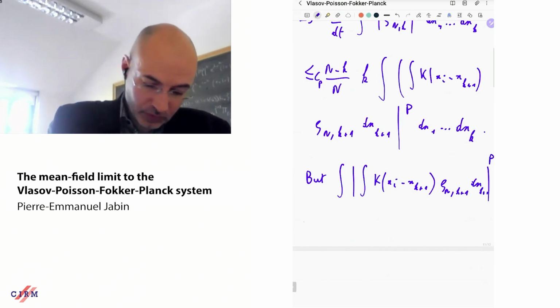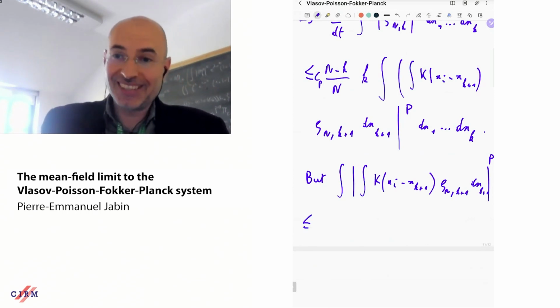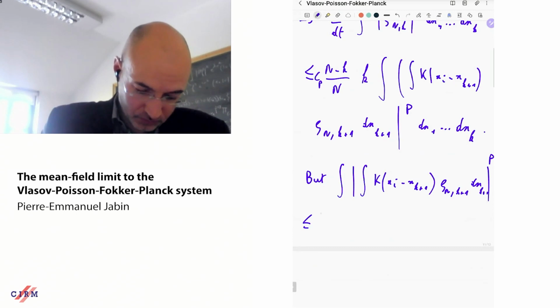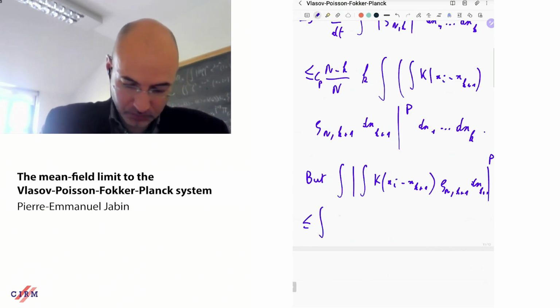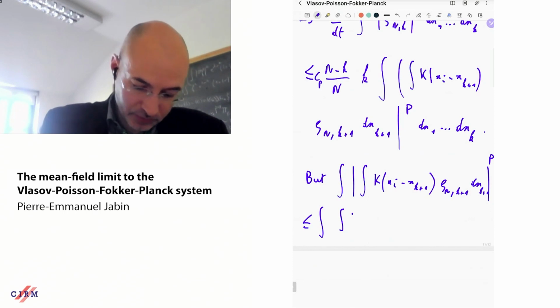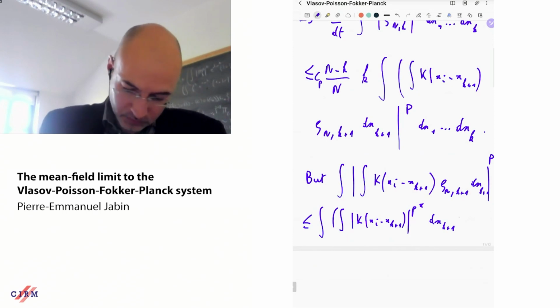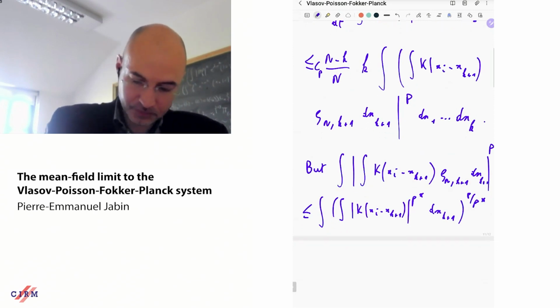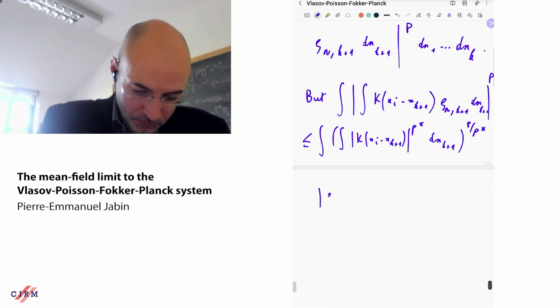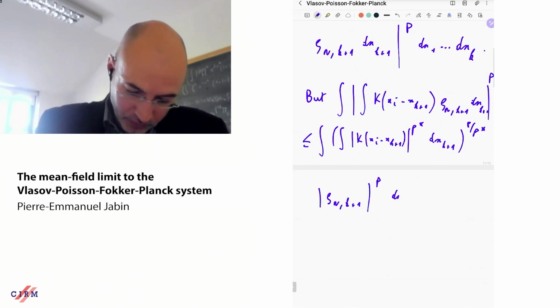Okay. And let's do a Holder estimate inside. Then I have k of xi minus x k plus 1, right, in the dual, so p star, dx k plus 1, to the power p over p star, times rho n k plus 1 to the p, and now dx1, dx k plus 1, and let's put tilde here so that there is no confusion.